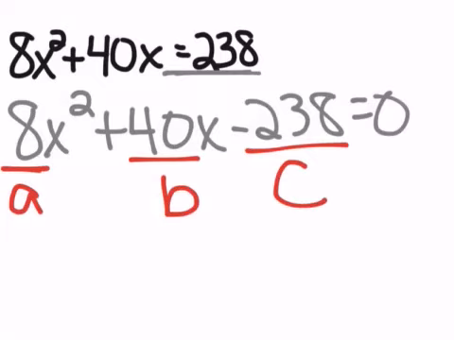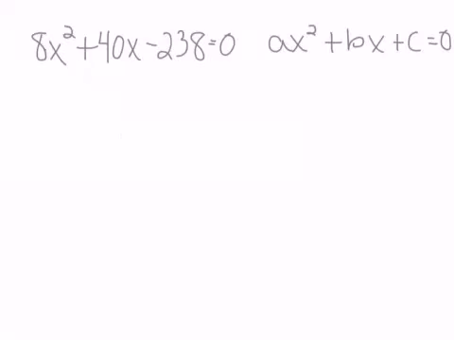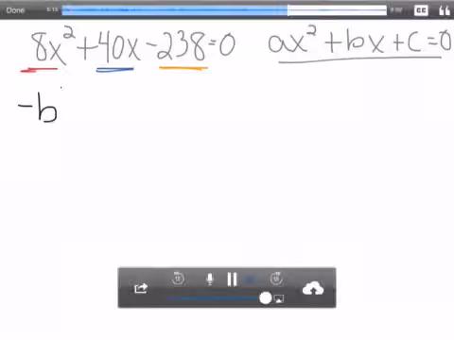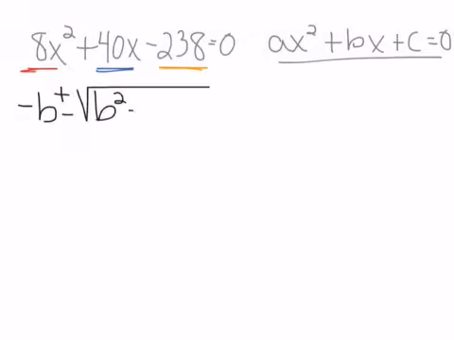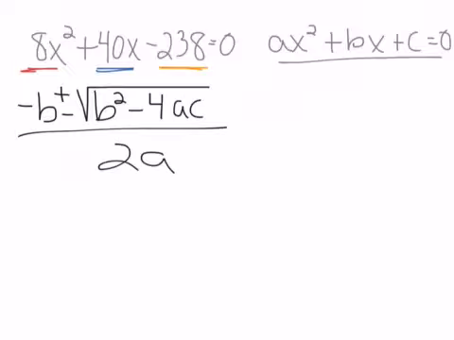Okay, so let's write the formula. Alright, so here's the standard form compared to what we're looking at. So you can kind of see how I got A is 8, B is 40, and C is negative 238. Now you also need that quadratic formula, so that's the opposite of B plus or minus the square root of B squared minus 4AC all over 2A.